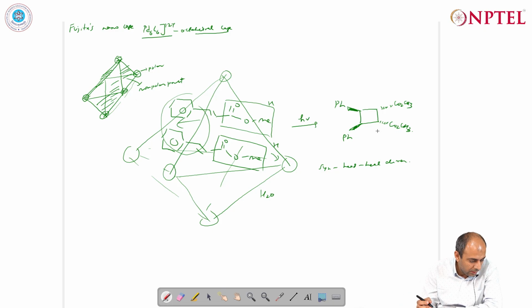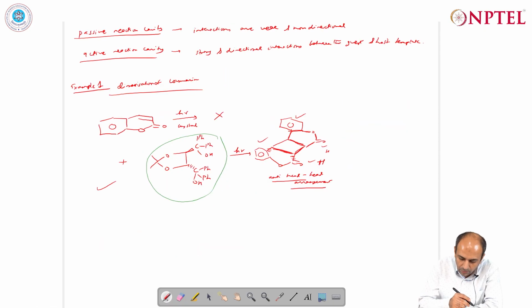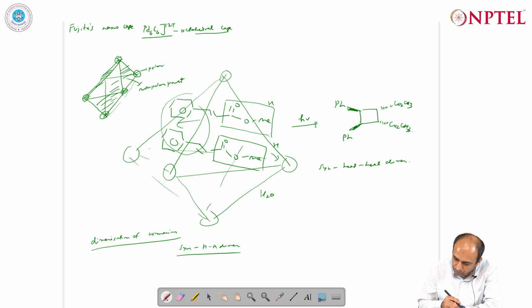This can also be utilized to perform reactions. Palladium nano cages can also be used for dimerization of coumarins as mentioned, leading to the formation of the same syn head to head dimer. We can do this reaction in the presence of the palladium nano cage to give rise to the syn head to head dimer.